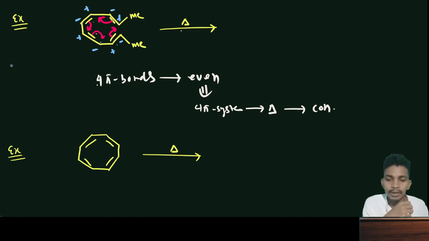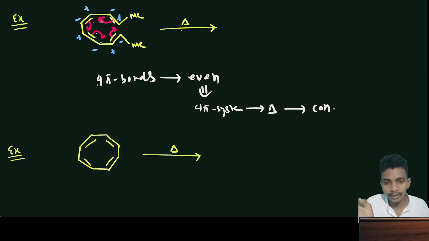We remember which ring is stable. First the 6-membered ring is more stable, then the 5-membered ring, and the 8-membered ring is not so stable. So we will try to make a 6 or 5 member ring.